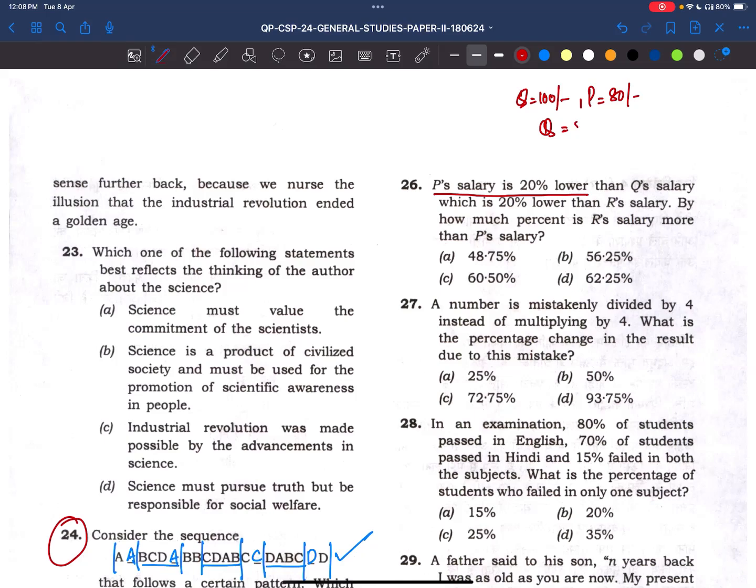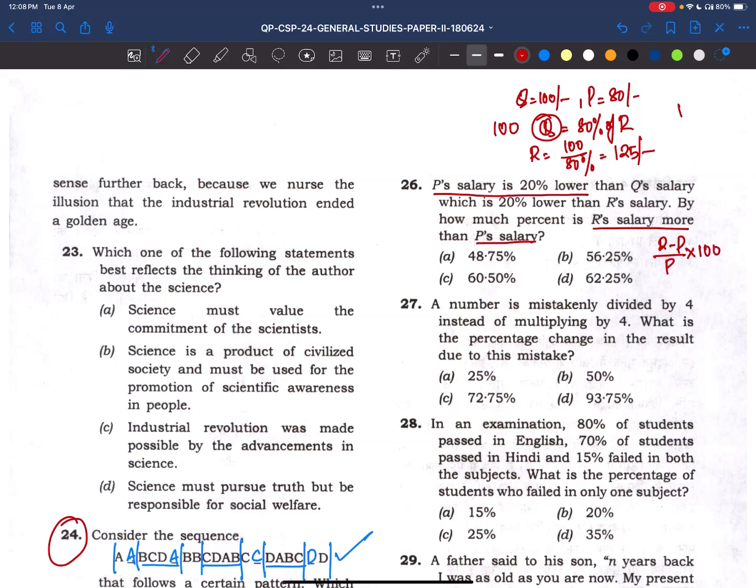That means Q is 20% lower, which means 80% of R. You know this value is 100, so the R value will be 100 by 80%, that is 125 rupees. What was asked? How much percentage is R's salary more than P's salary? Simple: R minus P by P into 100.